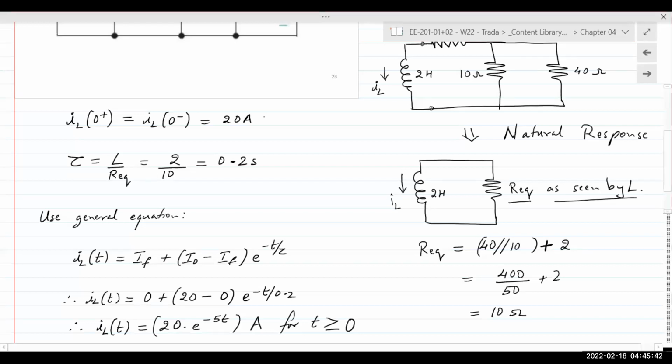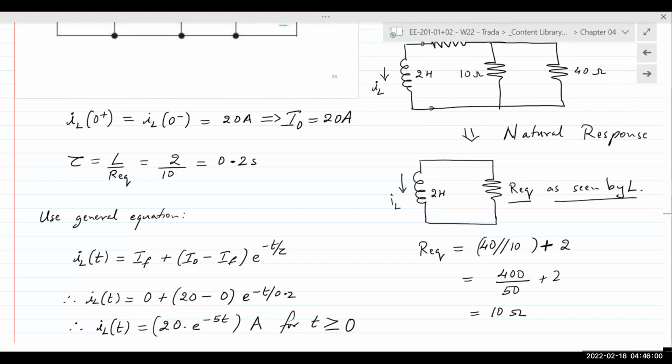So from here, we can write I0, the initial value at the beginning of discharge, is equal to 20 amps. And because it is a discharging problem, the final value IF will always be equal to 0.